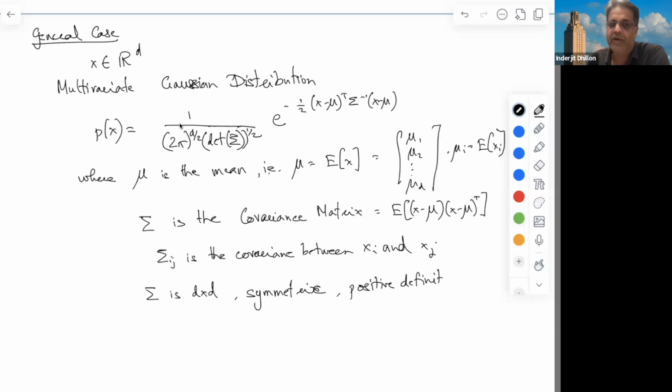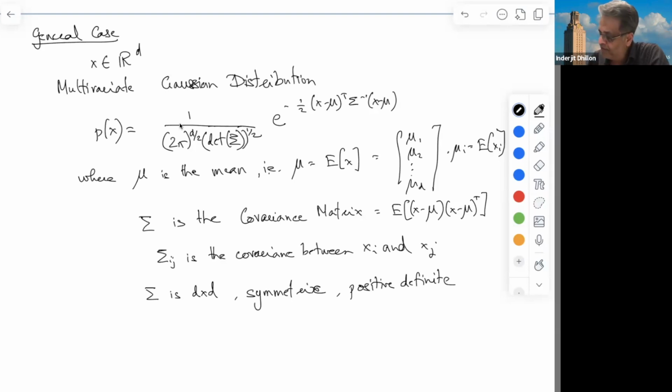Remember what positive definite means? All quadratic forms are greater than or equal to 0, which means that the eigenvalues of this matrix are not only real because it's a symmetric matrix, but also greater than 0.